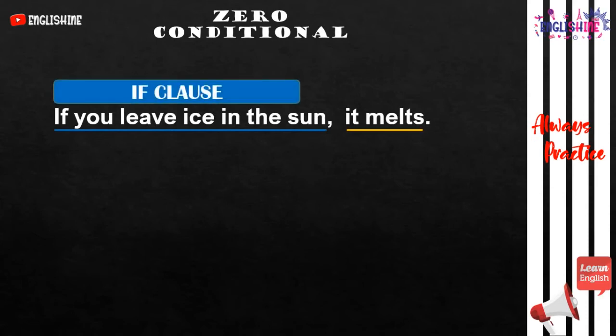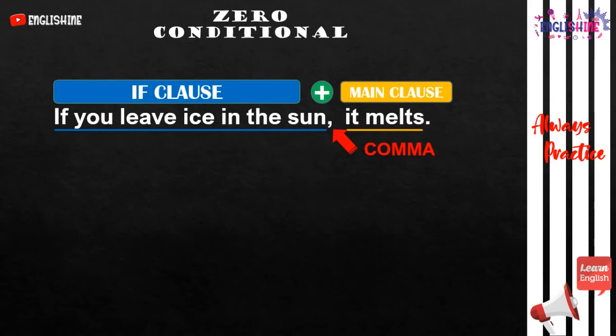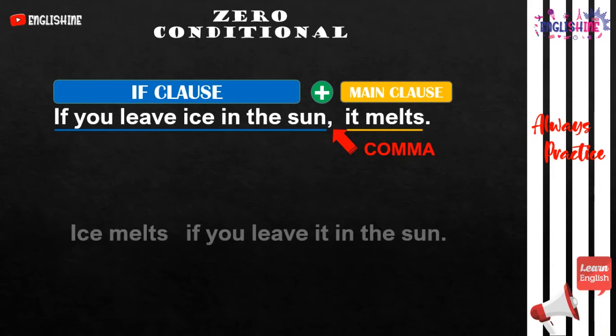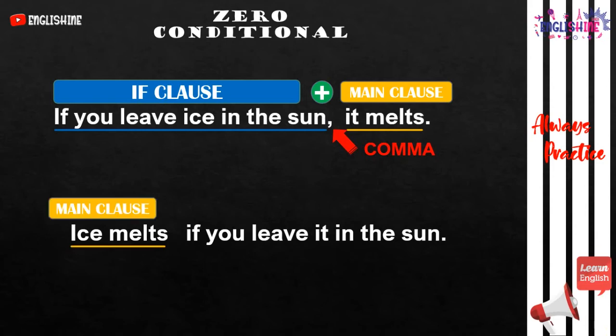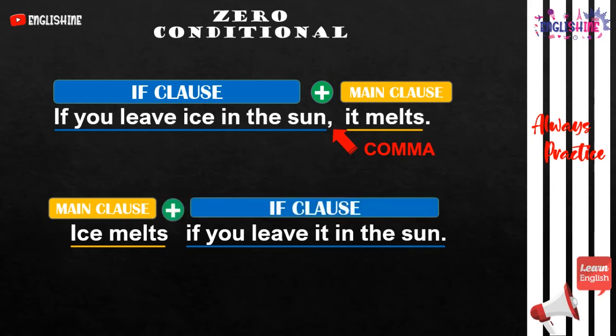It melts is the main clause. Using a comma after the word sun. This becomes, ice melts if you leave it in the sun. Ice melts is the main clause. If you leave it in the sun is the if clause. Those sentences have no comma.